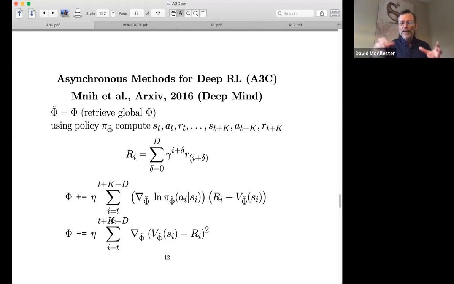You've got a bunch of asynchronous actors, each operating at a different setting. So you've got a mixture of different parameter settings that these asynchronous agents are working with. So each agent is sort of more off policy. And then you've got a rollout Bellman error. I'm not going to go through the details of this.